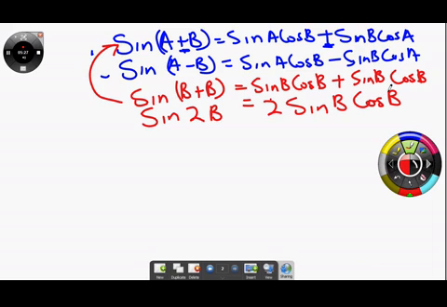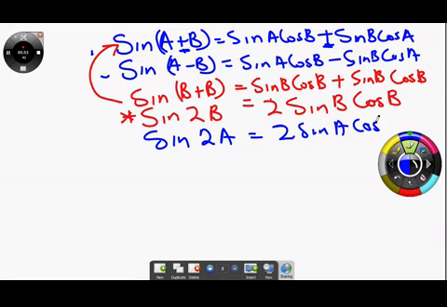Now you can clearly see that I have used the identity to create what we now call the double angle, or the compound angles. This is a very special property of the identities, and usually when they write it, they write it this way: sine 2a is equal to 2 sine a cos a, and this is what you'd get.